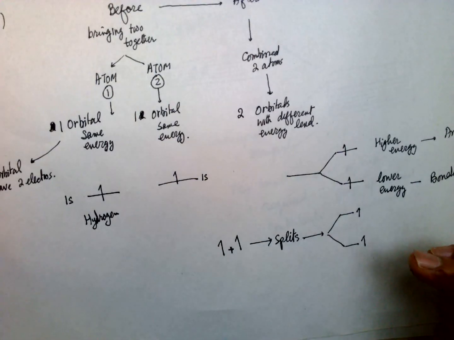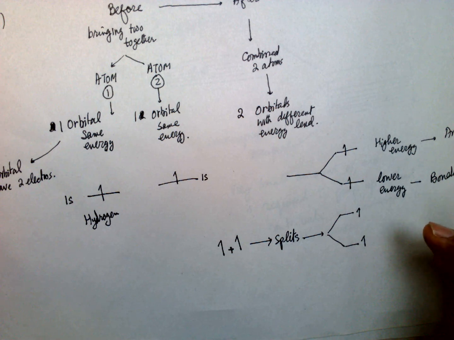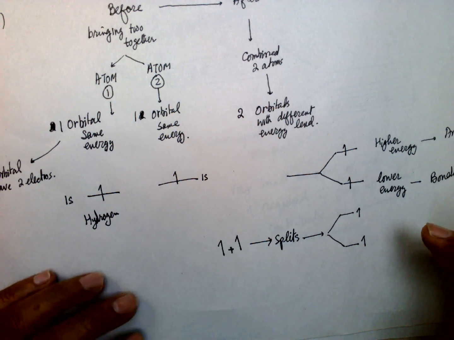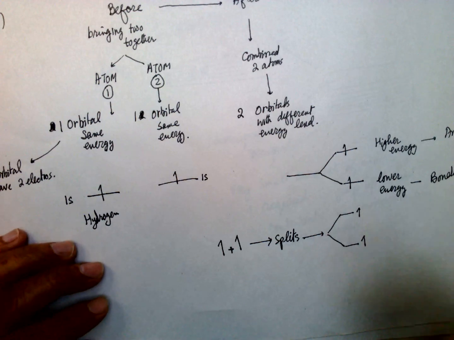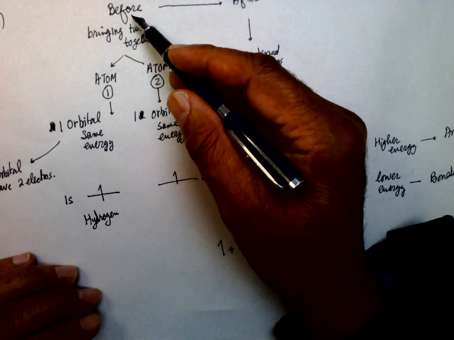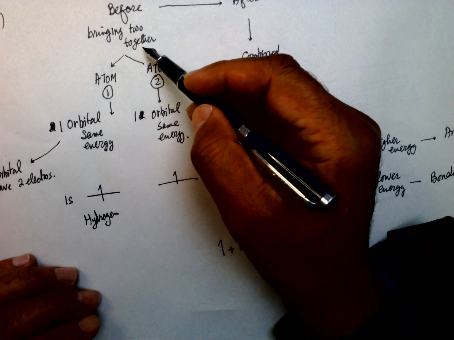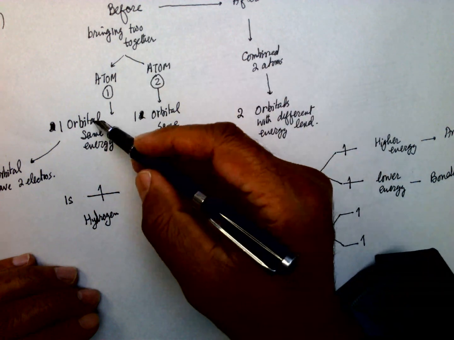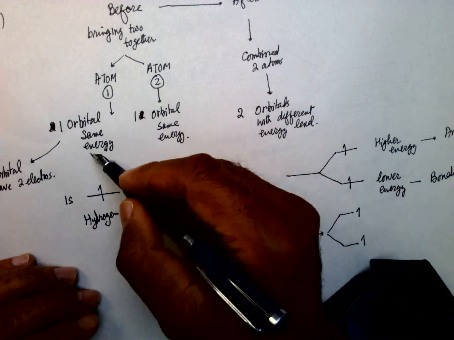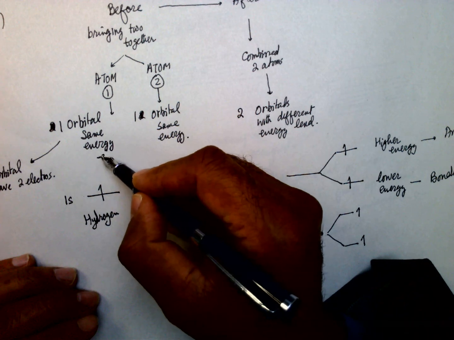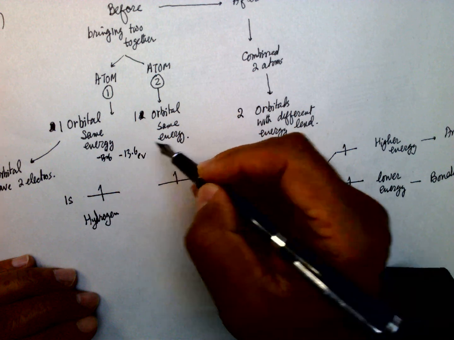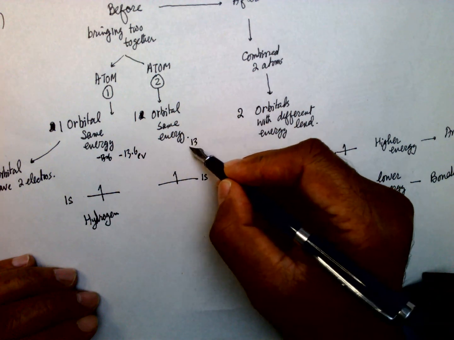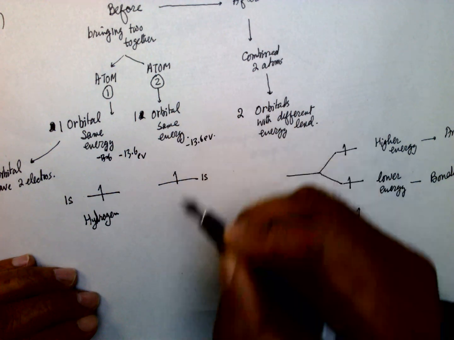That means two different probabilities, two different energy levels. Before bringing the two atoms together, atom 1 and atom 2, the orbitals have the same energy: this has minus 13.6 electron volt, and this also has minus 13.6 electron volt.